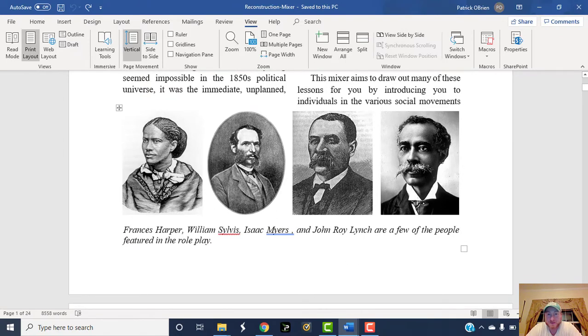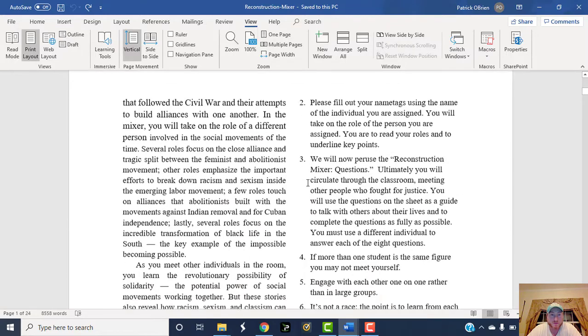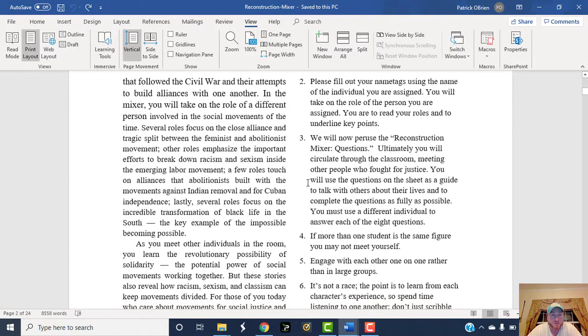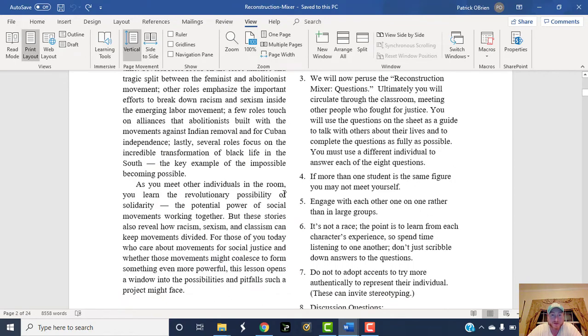Continuing, this mixer aims to draw out many of these lessons for you by introducing you to individuals in the various social movements that followed the Civil War and their attempts to build alliances with one another. In the mixer, you will take on the role of a different person involved in the social movements of the time. Several roles focus on the close alliance and tragic split between the feminist and abolitionist movement.